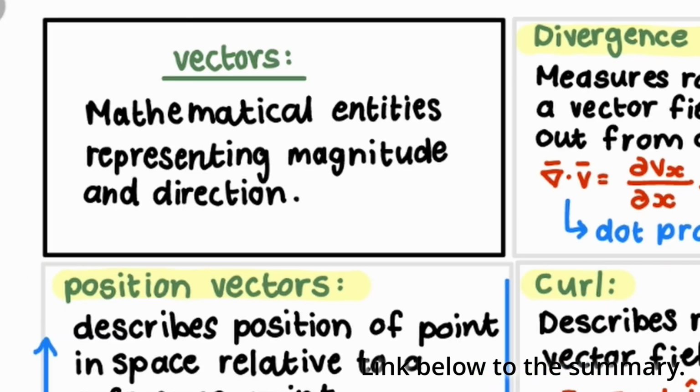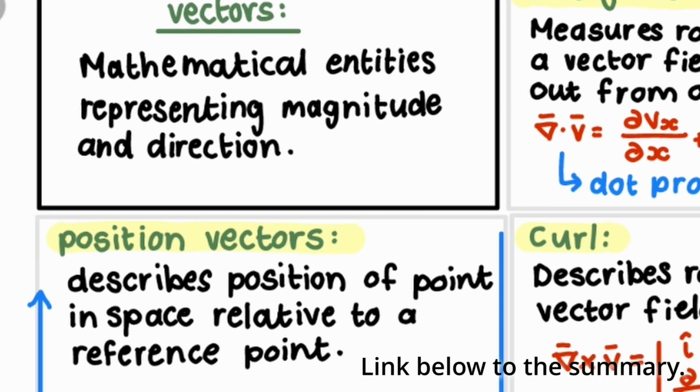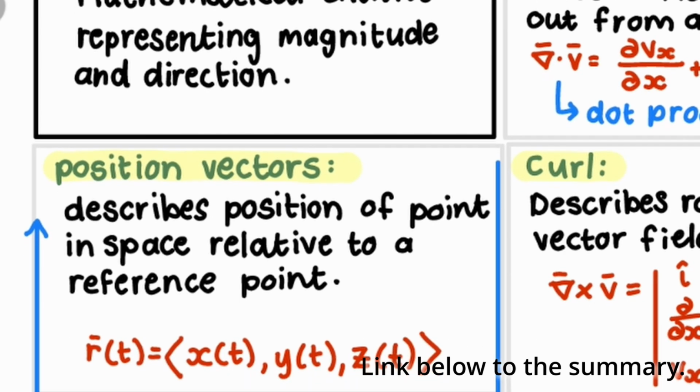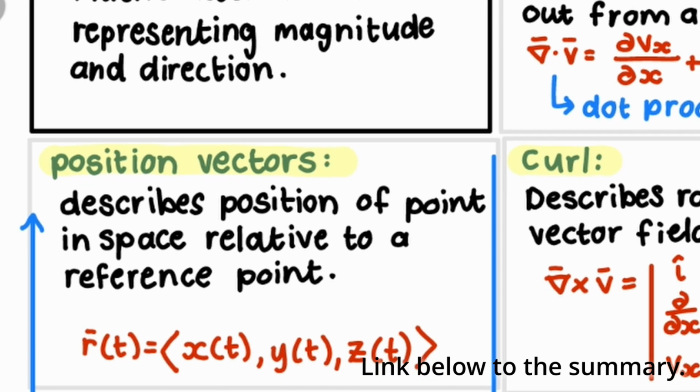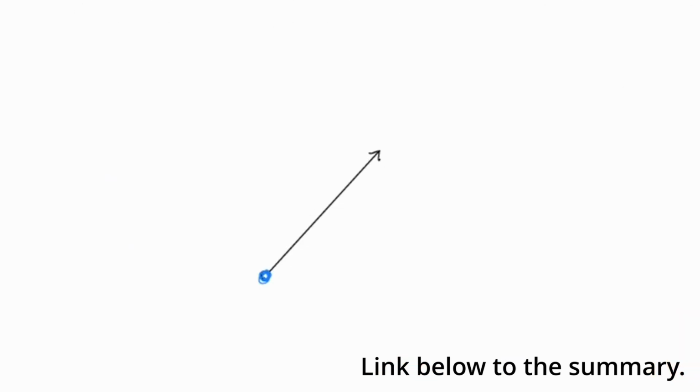Here is the summary of all of the vectors that I've come across in my studies. We have our main definition, which is that a vector is a mathematical entity representing magnitude and direction. I didn't include sense here because in a lot of definitions, sense isn't included. In statics and dynamics and in calculus, you'll see a lot of these vectors. Another important thing to note is that vectors have different notations, ways that you can write them basically.